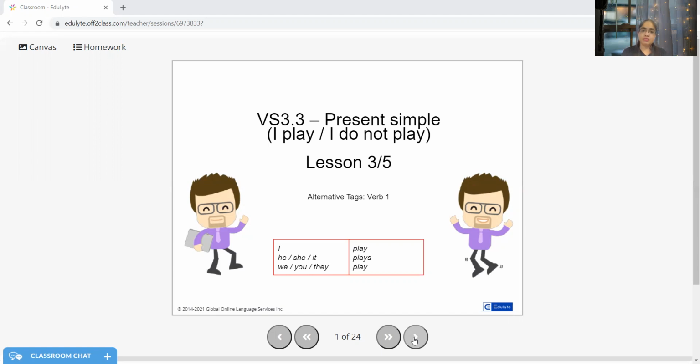And if I have a plural subject, along with I and you considered as exceptions, the subjects can be we, you, they, I, Ram and Sham, the parents, the children. With these subjects, I'll be using the verb without S or ES. Example: play, eat, sleep, decorate, run, climb, walk, and so many.